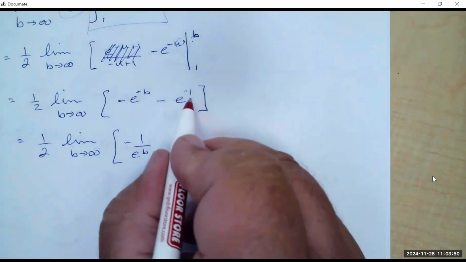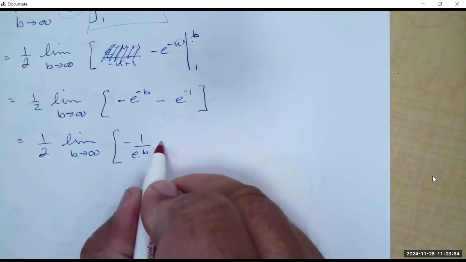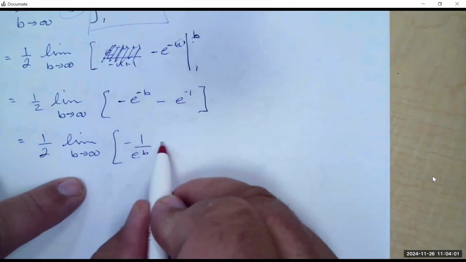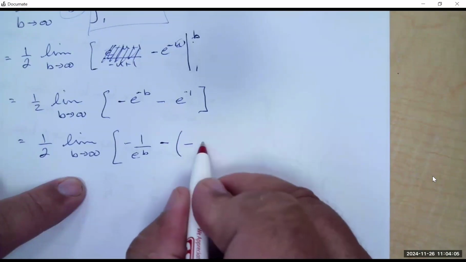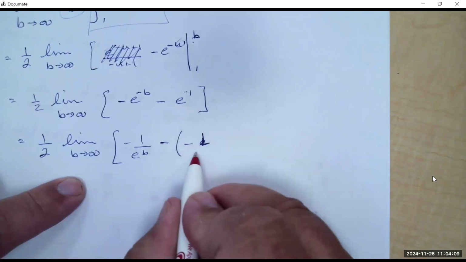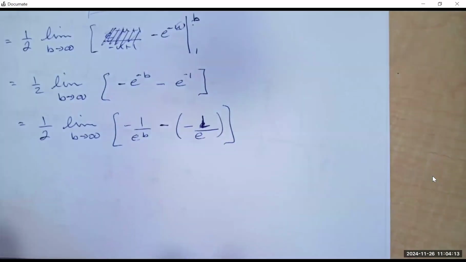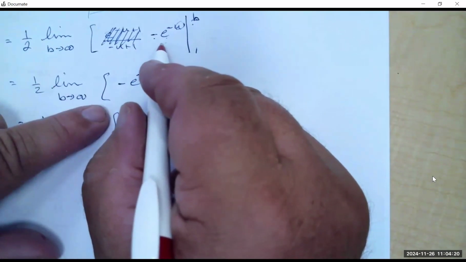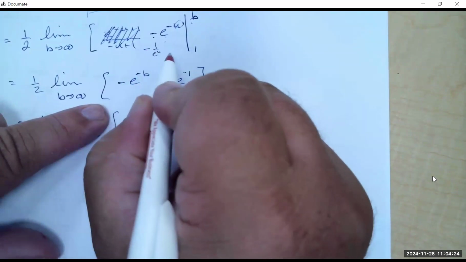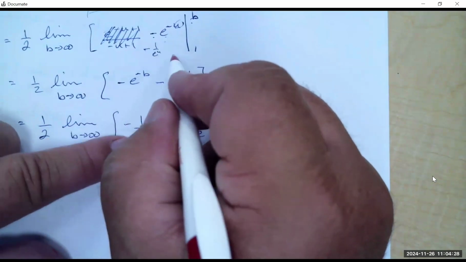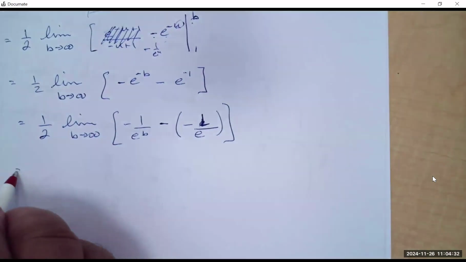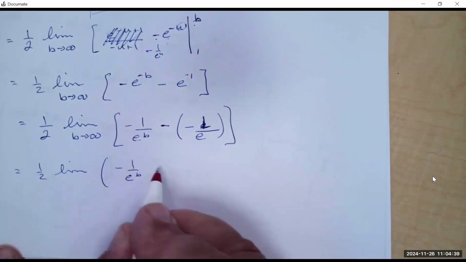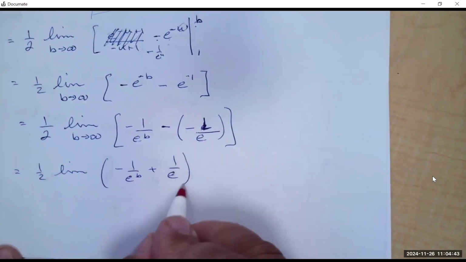And so it's negative 1 over e to the b minus a negative e to the 1, which is negative 1 over e to the b plus 1 over e.